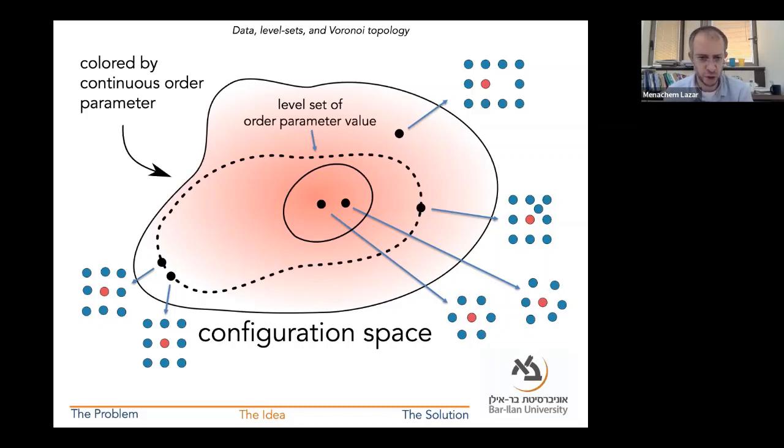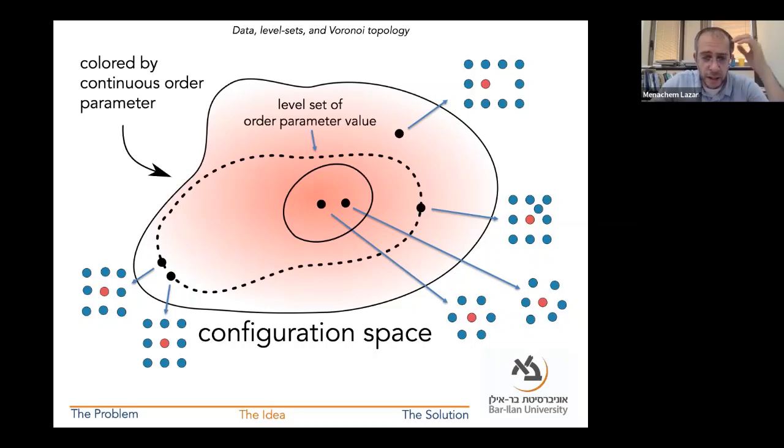But if you trace that curve all the way to the right, it might indicate a very different type of arrangement of particles. So you might end up having these level sets that take points far apart in the configuration space and map them to the same order parameter value. I know this part might feel a little bit far away from mathematics, so I'm going to get to mathematics itself in a second.